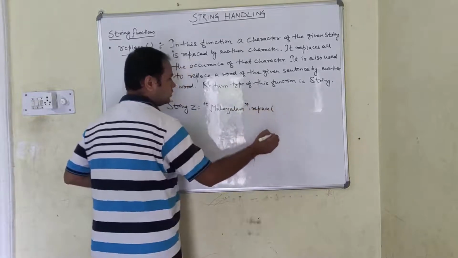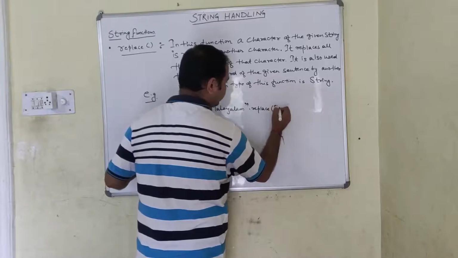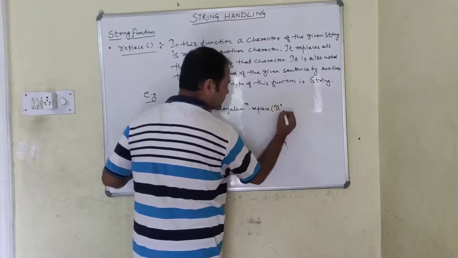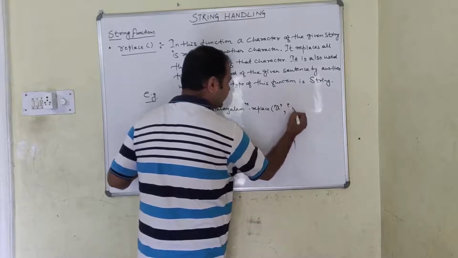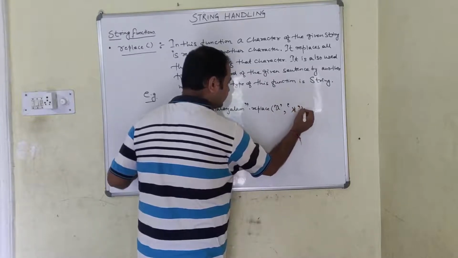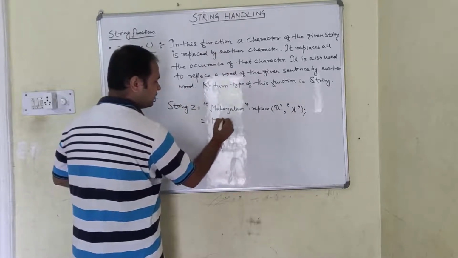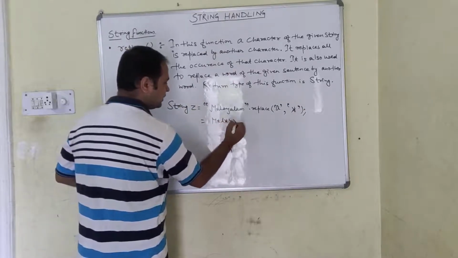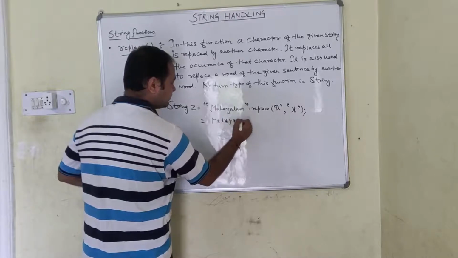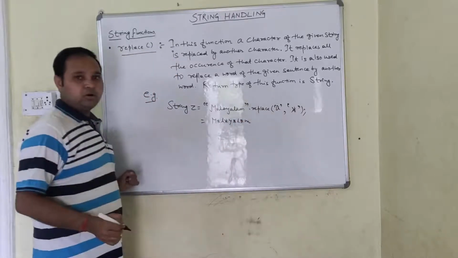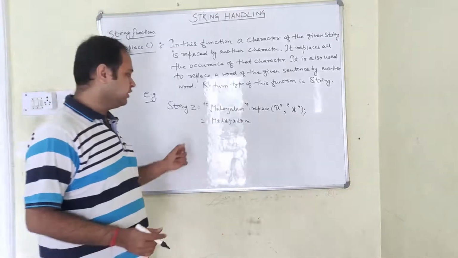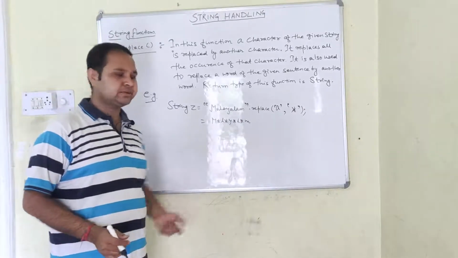We will write small a, and as it is a character, within single quotes, and replace it by the asterisk sign. So this will be equal to m asterisk l asterisk y asterisk l asterisk m. All the occurrences of a will be replaced by the asterisk symbol.